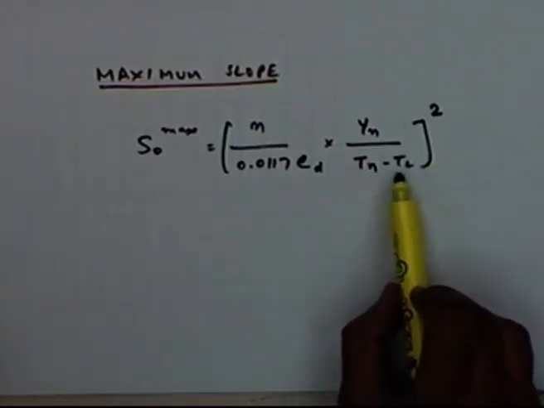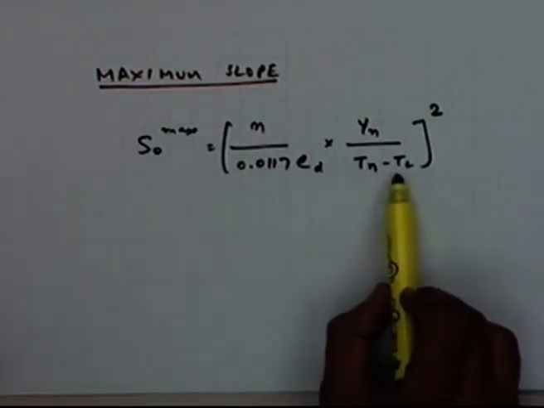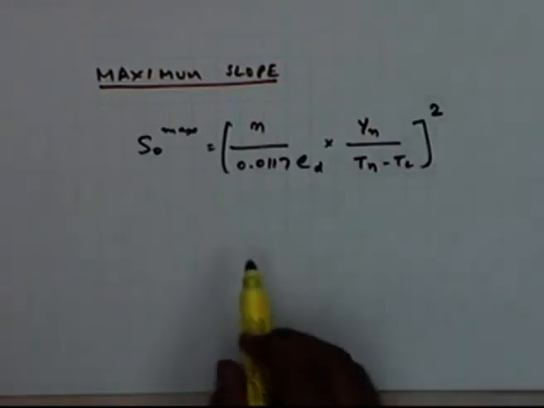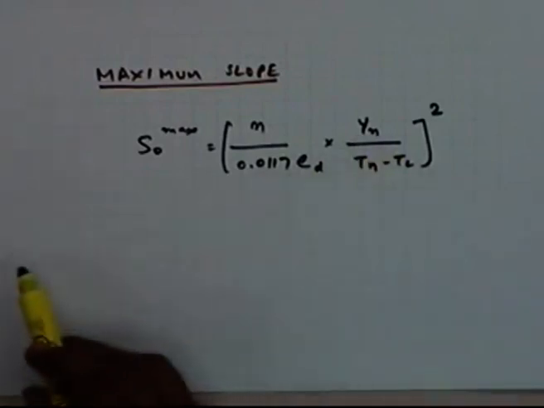So Tn minus TL is basically the time of application which will be required, and Yn is the depth.